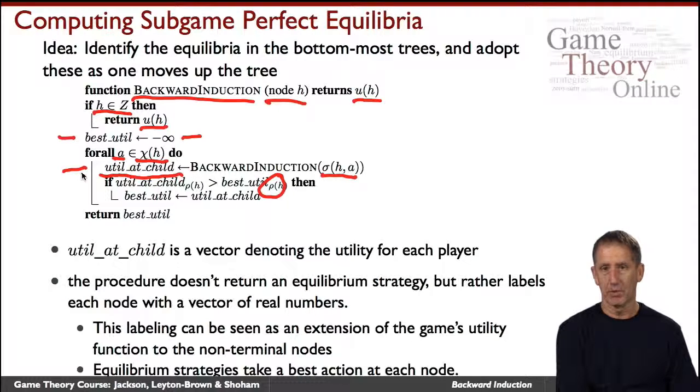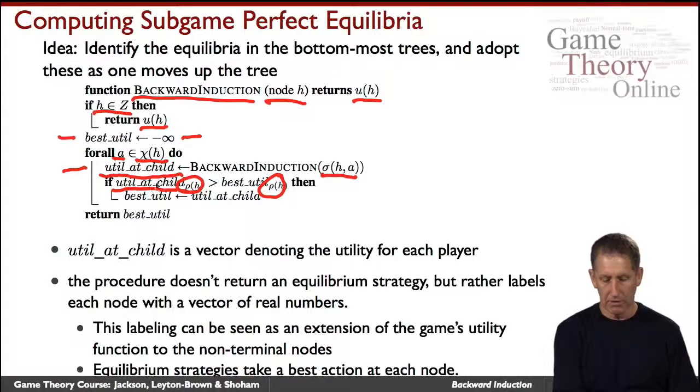We'll be going over all the children one at a time, and if ever the util_at_child is better for the agent than the best_util so far, we'll update the best_util. That's what's going on here. So this is what this says. It says util_at_child is a vector. So look at the element of that vector corresponding to the agent we care about, the agent in node h.